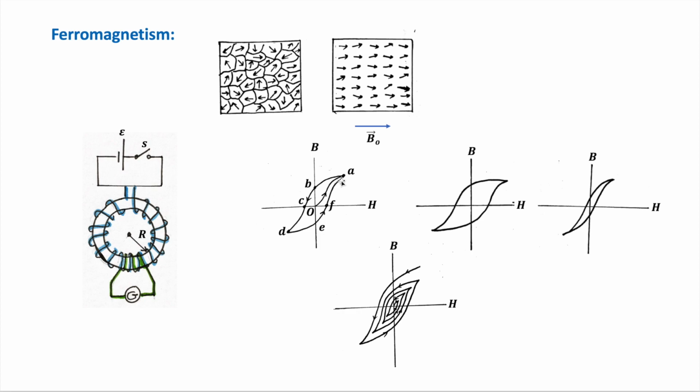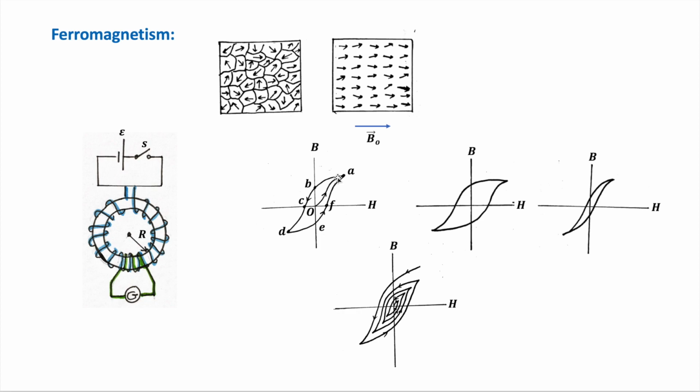If now the current in the primary coil is reduced to 0, then the external field H will also reduce to 0, right? And in this case, B will decrease according to the curve AB here.